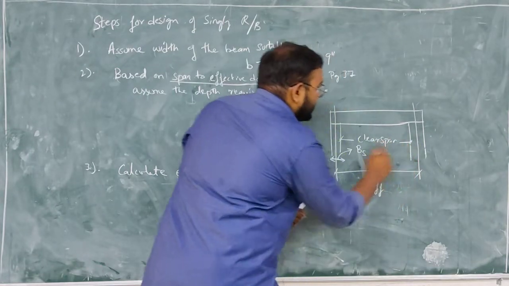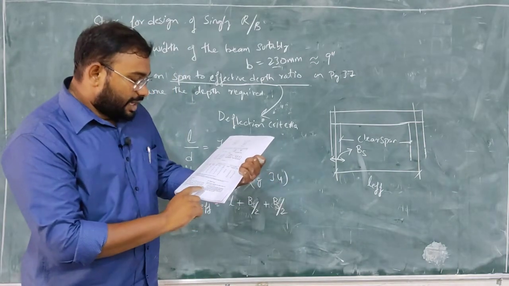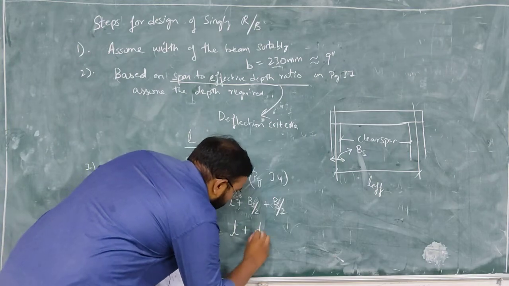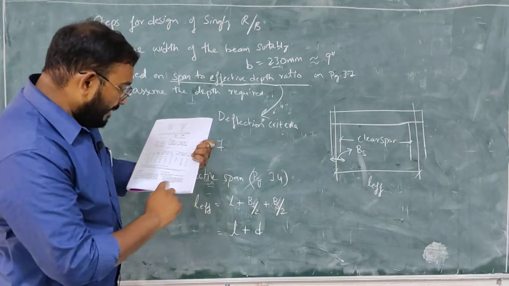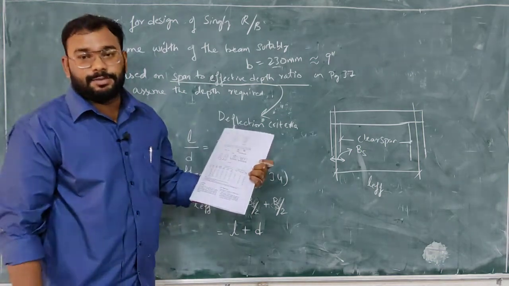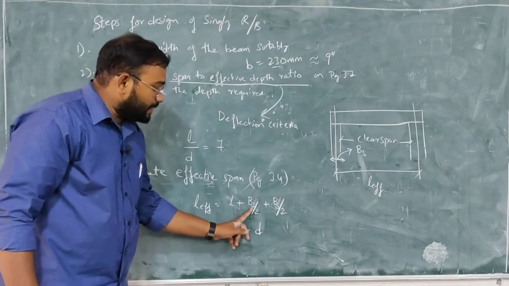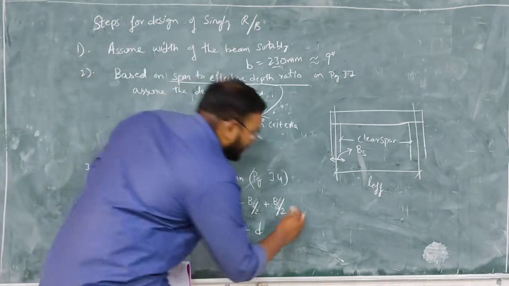Clear span is the distance between two columns. Clear span plus effective depth, or center to center distance between the supports, whichever is least.